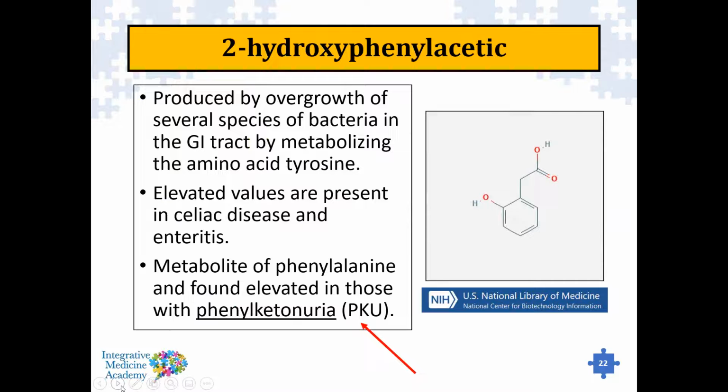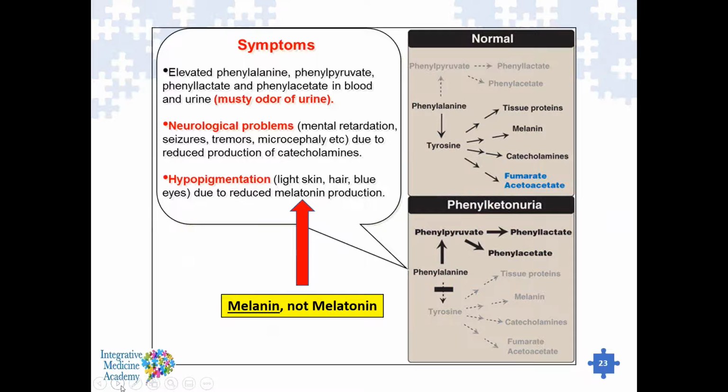It's also a marker that can be associated with phenylketonuria. Phenylketonuria is a metabolic disorder in children, and many times, obviously, when kids are born here in the US, they check them for PKU, and PKU can have serious consequences in a newborn, leading to brain damage, etc. Does the elevation of 2-hydroxyphenylacetic acid on the OAT diagnose PKU?